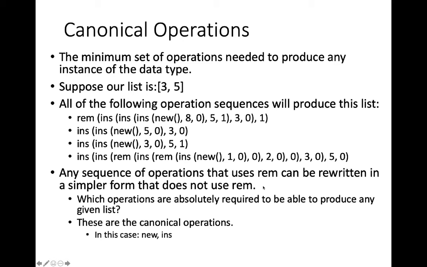So for example, let's say our list is 3, 5. It's a list of integers. The first integer is 3. The second integer is 5. There are lots of ways I could have ended up with this list.